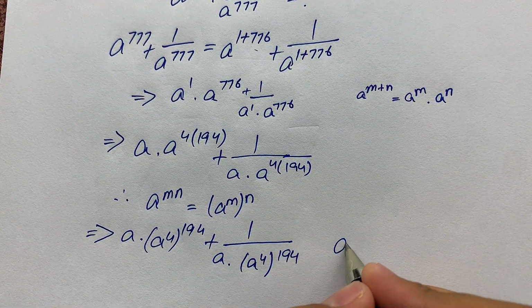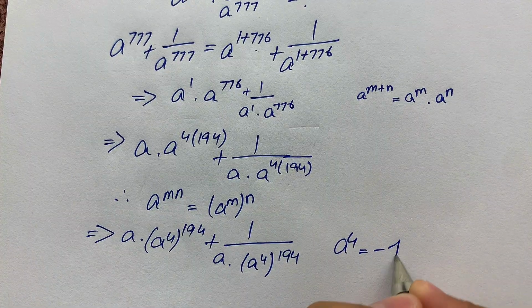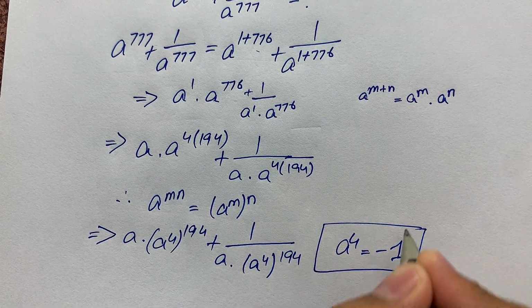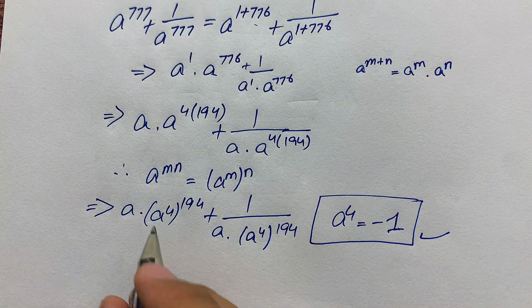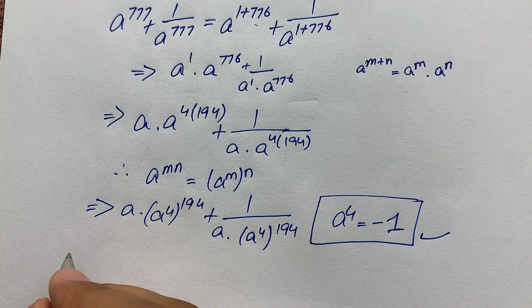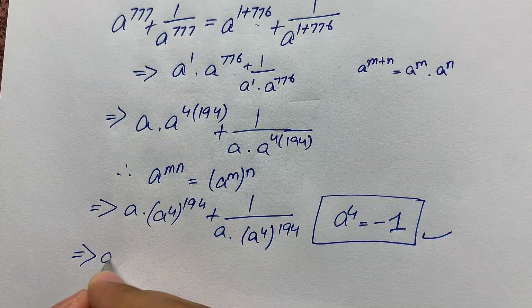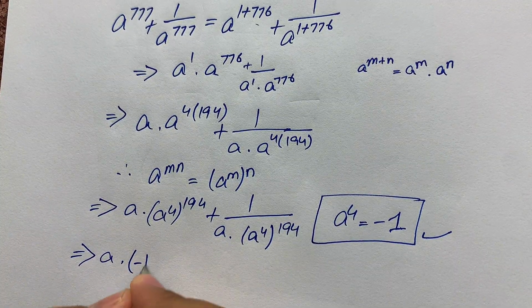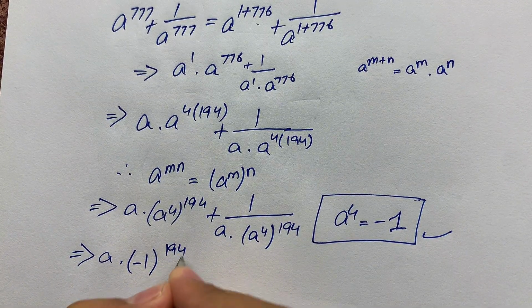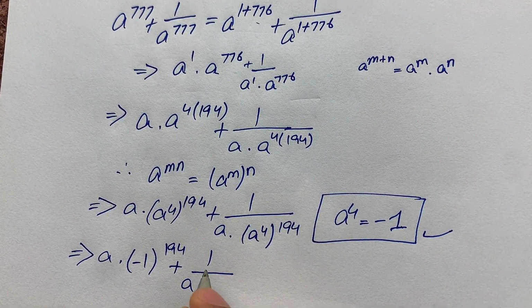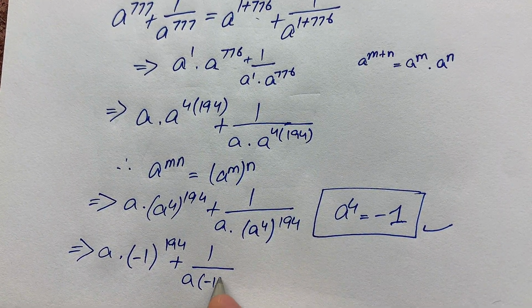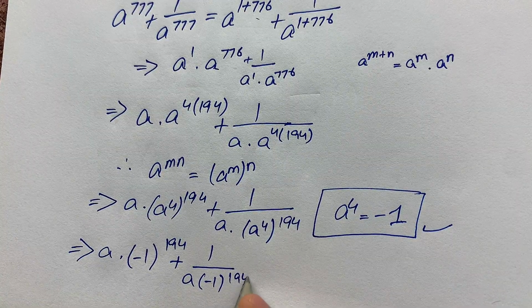Now a to power 4 is equal to minus 1. Recall this. After recalling this, we get a into minus 1 to power 194 plus 1 divided by a into minus 1 to power 194.